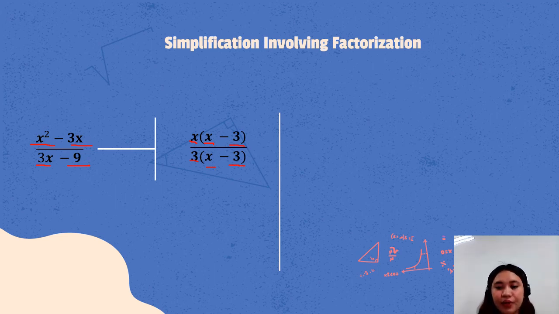Next, okay, you can also cancel x minus 3 and x minus 3. So the remaining answer is x over 3. So x squared minus 3x over 3x minus 9 is equal to x over 3.